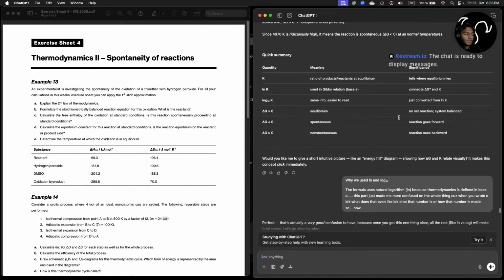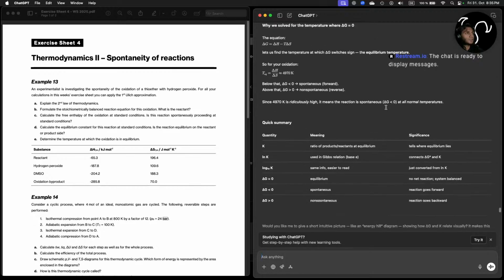Gibbs-Helmholtz relation. Okay. So natural logarithm of K equals minus delta G, Gibbs free energy, divided by RT, right? Yeah. And the main thing you have to look at is the units.